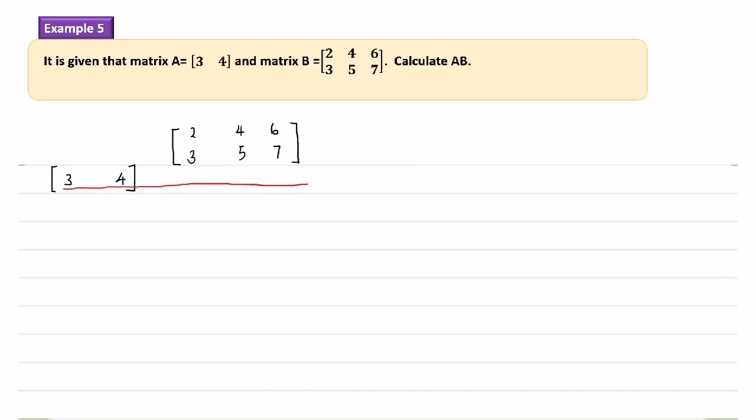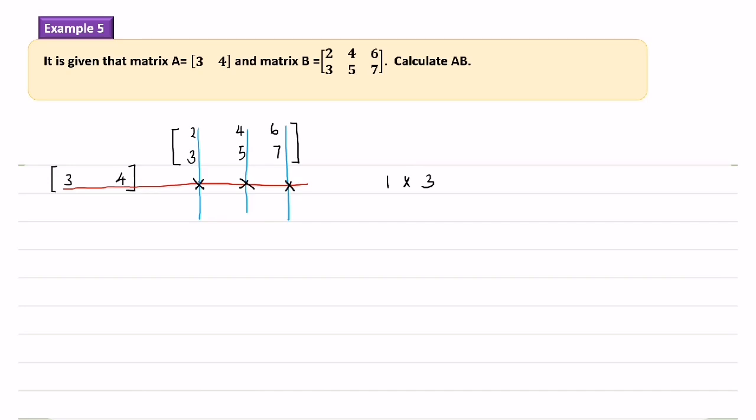Second matrix, we draw the line for the column. So here they intersect. So the size of the product of matrix A and B is 1 row, 3 columns. So, 1 by 3.